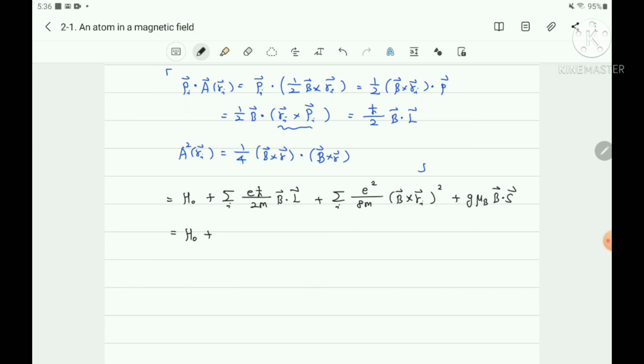Here the Bohr magneton was defined previously.